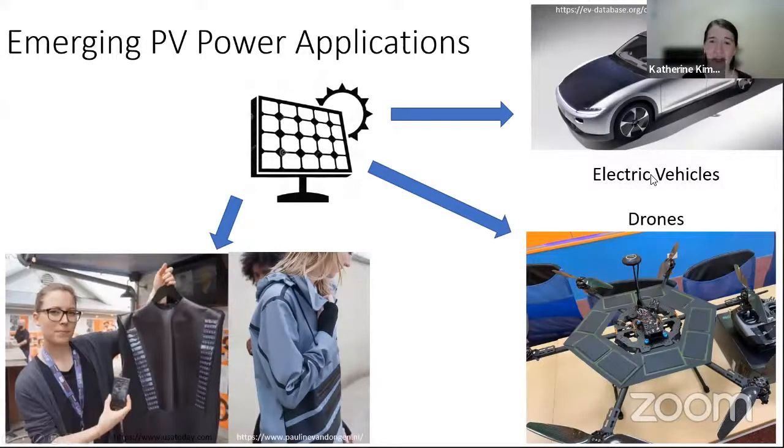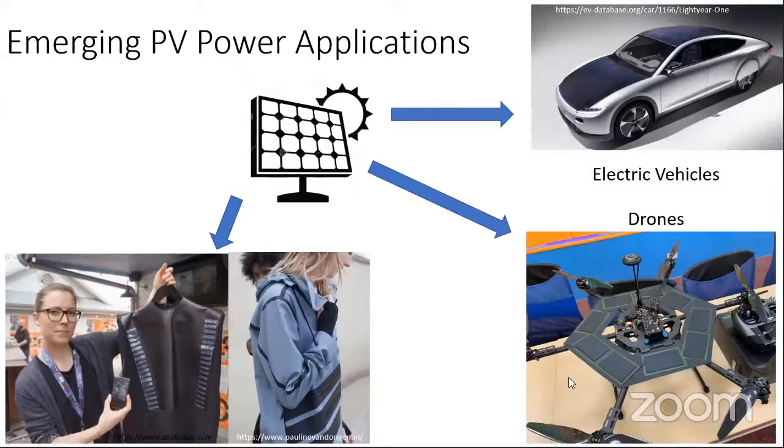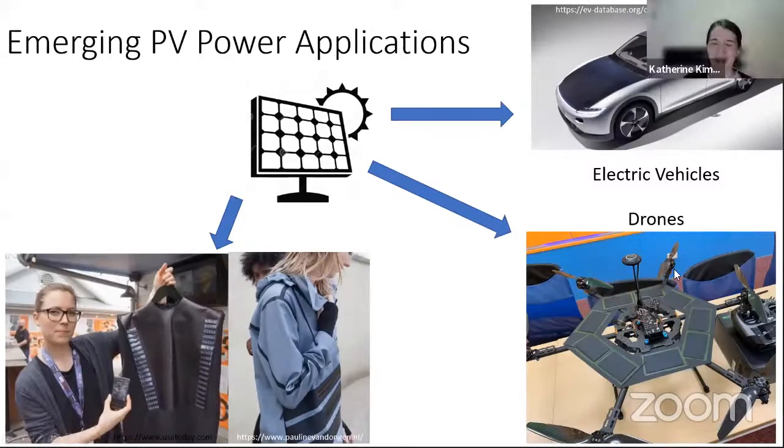Another topic that we've looked at is drones, and this is a very early implementation that we did with a collaborator. The idea is that drones are usually outside, getting natural light anyway. Drones do consume quite a bit of power, but could you use solar panels to help offset that and make them go a little bit longer, or allow them to land and charge and then go on a mission multiple times?